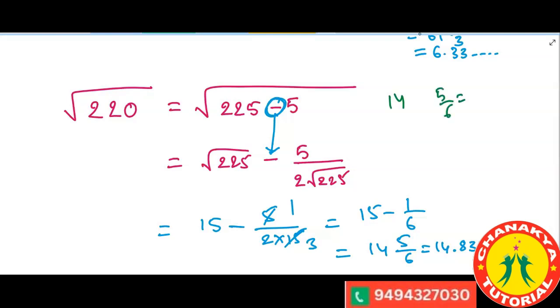If I write 0 point, it will be 50. 6 goes how many times here? 8 times, yes. 6 8s are 48, 2 is the remainder. Then again 0, 20. 3 times 6 is 18. Again 2 is the remainder, again 3, and so on. It is a never ending fraction.